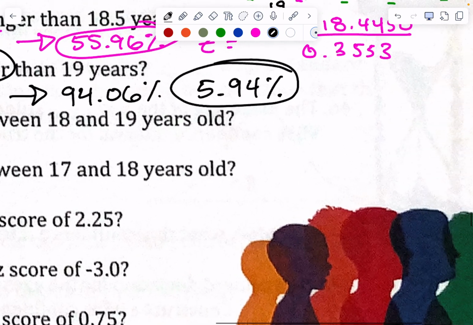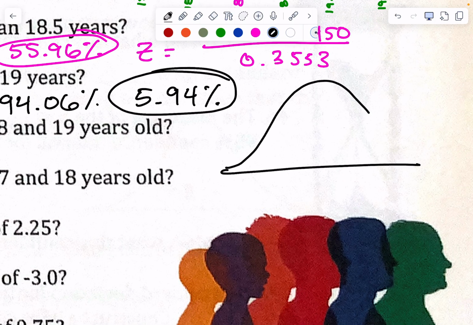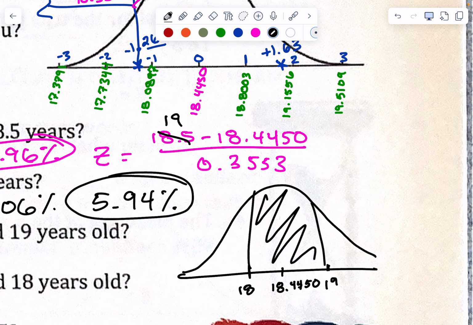All right, let's do between 18 and 19, and then I'll have you do the other one by yourself. We've already done 19. I know that 94.06% lives below 19.